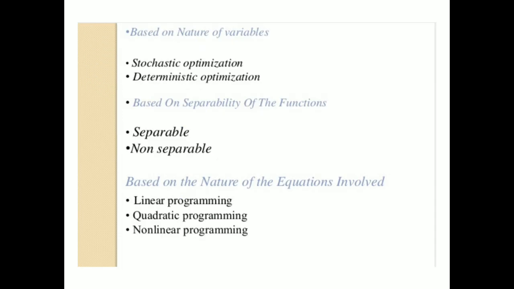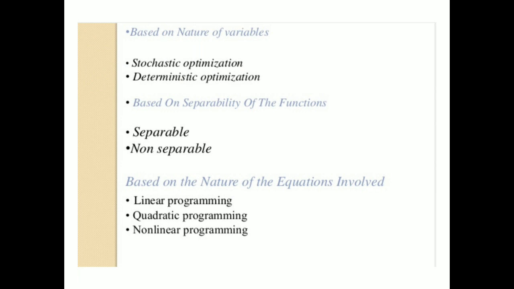The next classification is based on the nature of variables. Based on the deterministic nature of the variables involved, optimization problems can be classified as deterministic and stochastic programming problems.